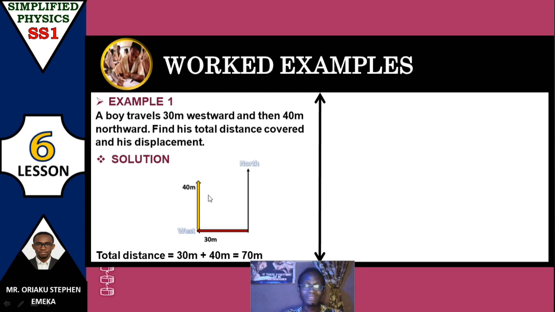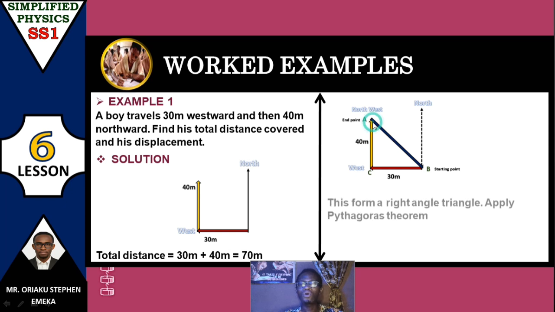Now for displacement, we cannot do it that way. We ask ourselves, where did he start the journey? He started the journey at this point and ended at this end of the area. So our displacement is going to join the start point to the end point, and that distance is our displacement. How do we get it?